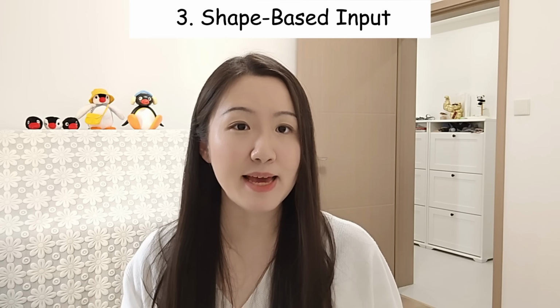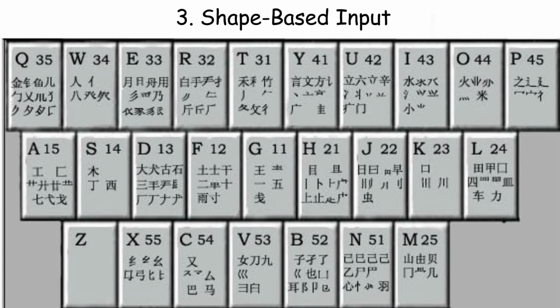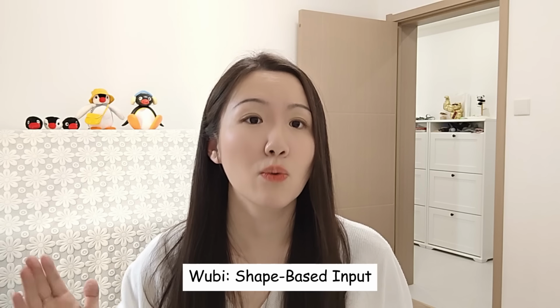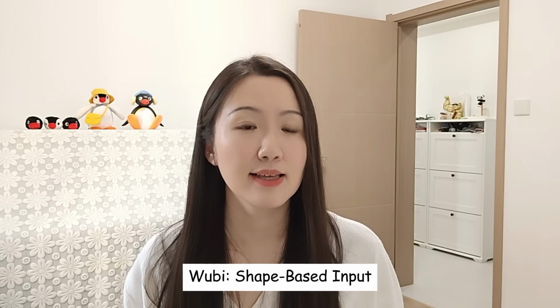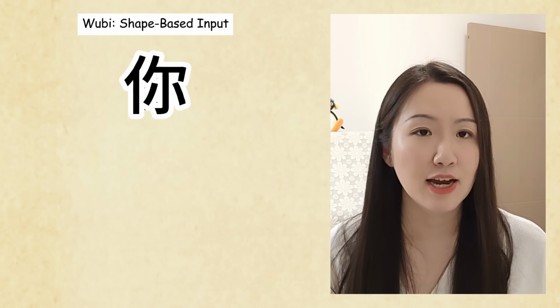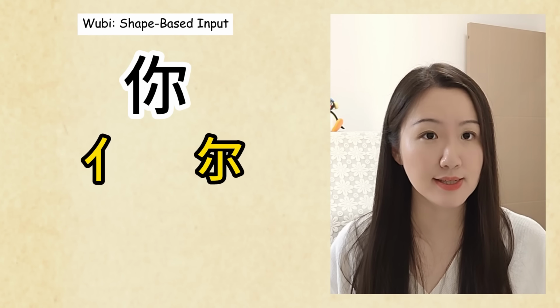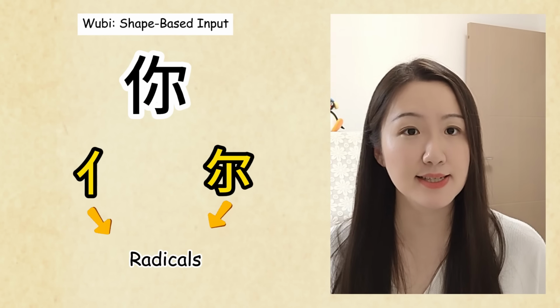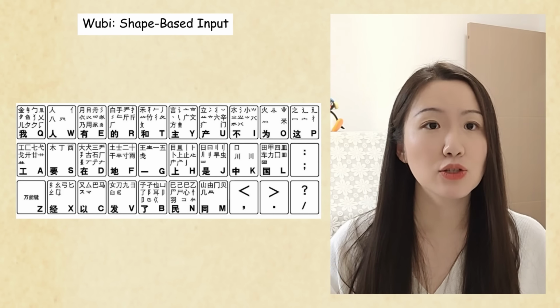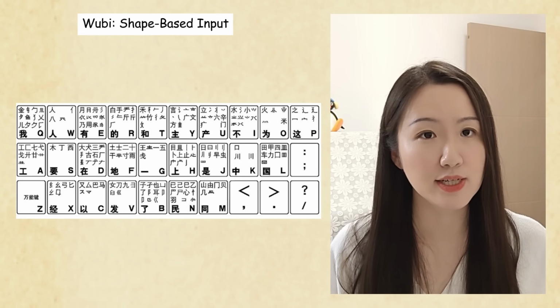Here's another typing method that is more hardcore and less common. Shape-based input. This is not for beginners. This is for people who enjoy suffering efficiently. For example, Wubi input. I will introduce it very quickly. Wubi breaks Chinese characters into small components called radicals, basically like Lego pieces, and maps each one to a key on the keyboard.